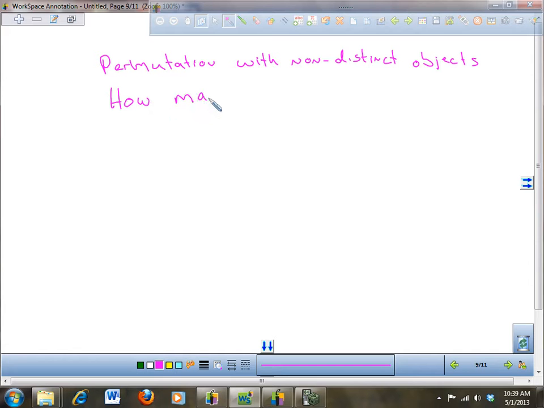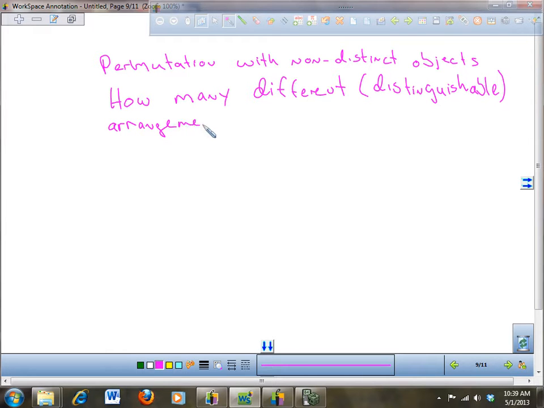How many different distinguishable arrangements are there for the letters in the word Mississippi?